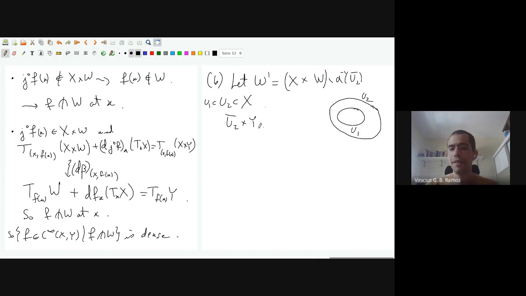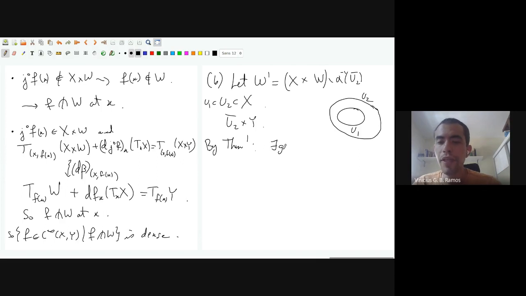Okay, so that's why there's this minus sign. So basically you just look at this w prime, and now you just apply the corollary above, and it's exactly the same thing.